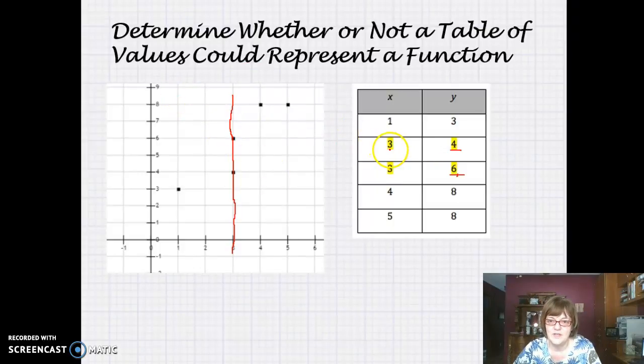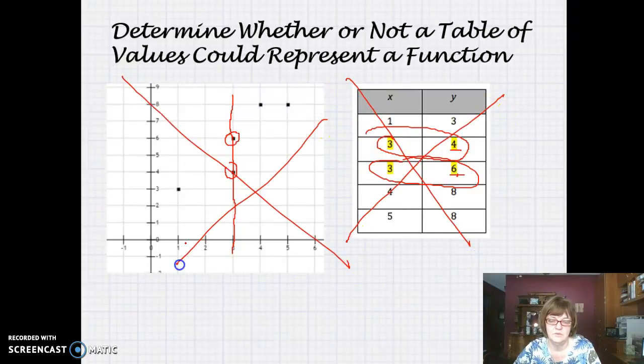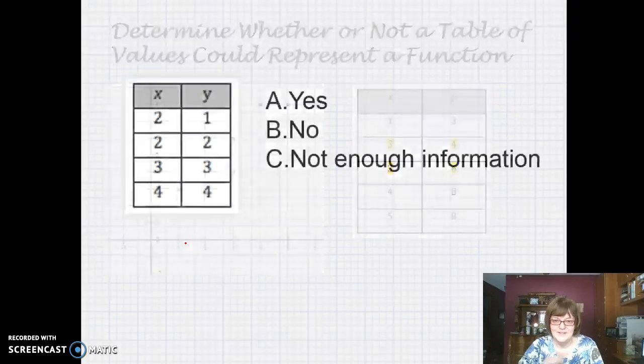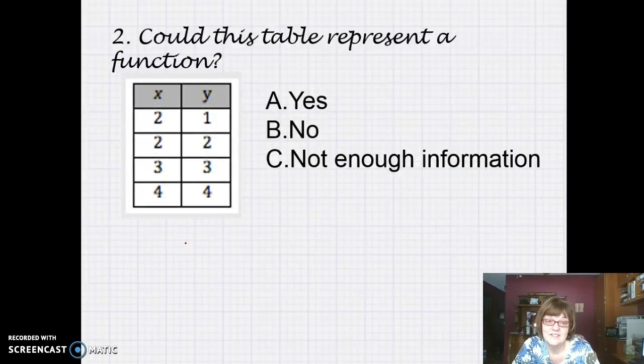All right, so 3, positive 3, positive 4, and then positive 3, positive 6. See I've got those here. That's these two, the highlighted ones. Makes it not a function. All right, now it's your turn. Function? No function.